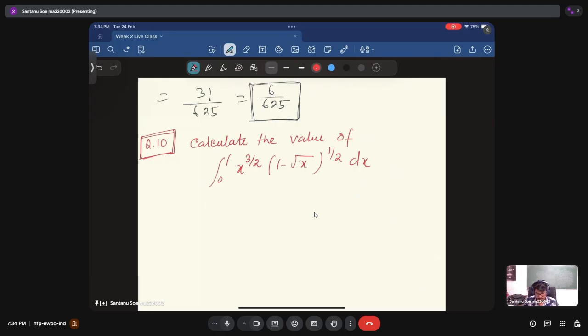And then after the substitution, we can check that it will change into some beta of m comma n for some values of m, n, and then we can easily evaluate that in terms of gamma function, right? So try to see that beta of m, n is integral 0 to 1 x to the power m minus 1 (1 minus x) to the power n minus 1 dx, right?